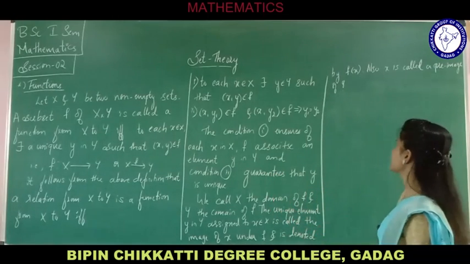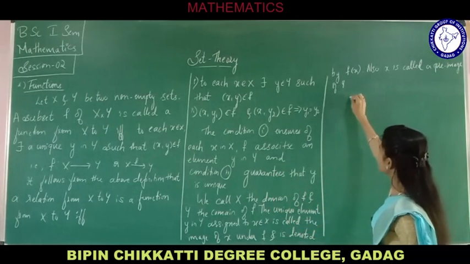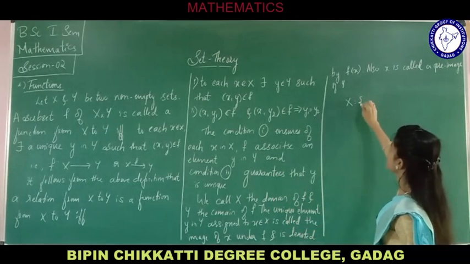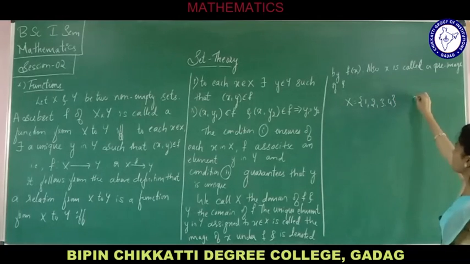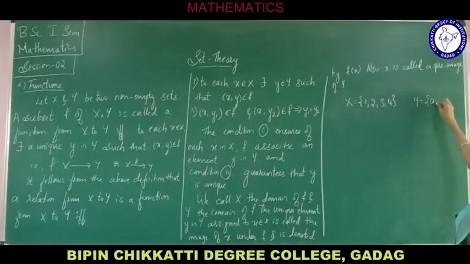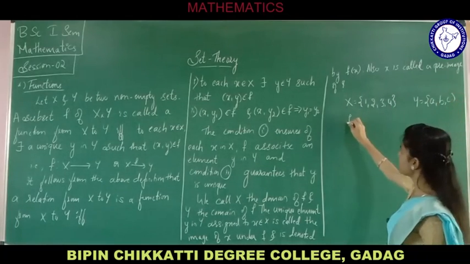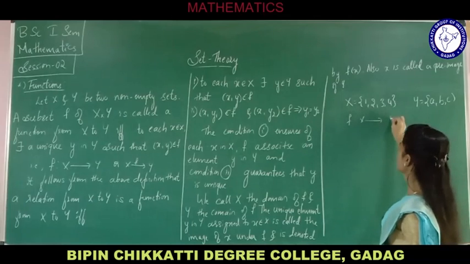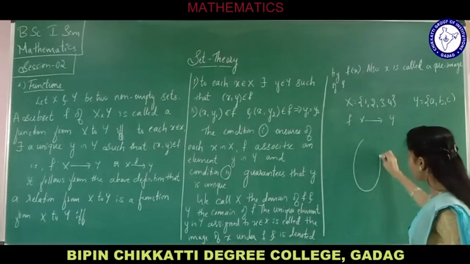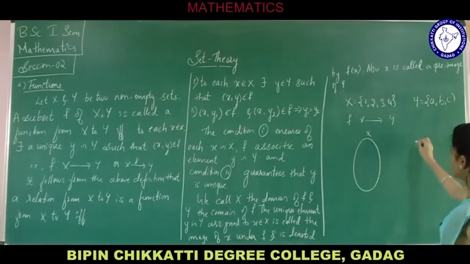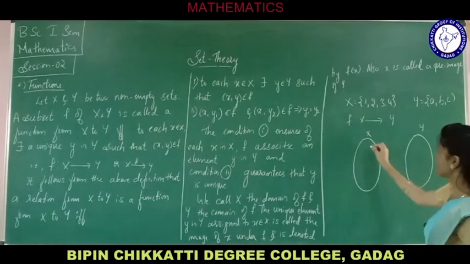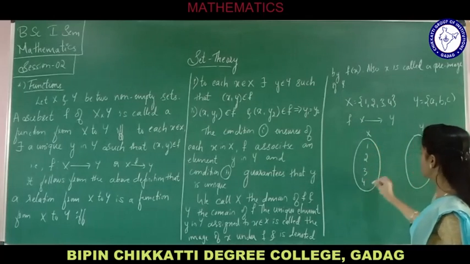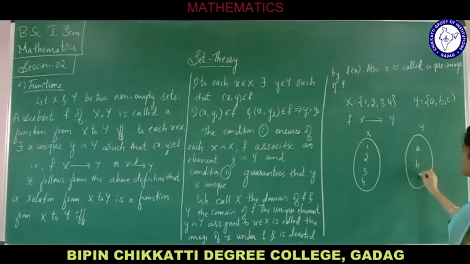Let us consider an example. Suppose I have a set X equal to 1, 2, 3 and 4, whereas I have a set Y which has elements a, b, c. I am going to define a function from X to Y. I will write X as 1, 2, 3, 4 and Y as a, b, c.